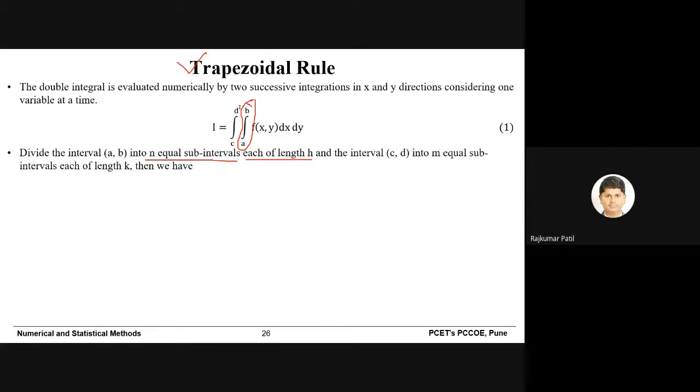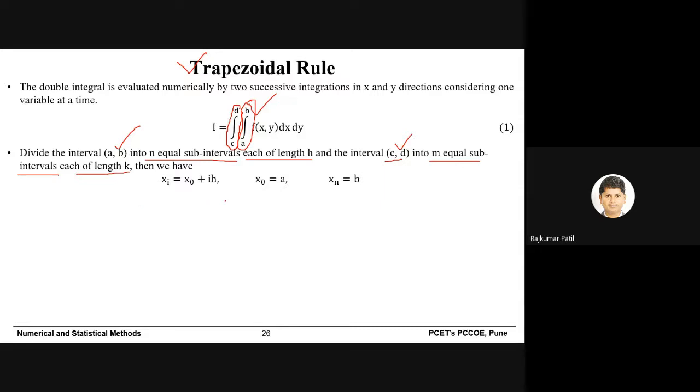Similarly, for the second integration, the interval is c to d, and that c to d we need to divide into m equal subintervals, each having length k. The width for interval a b and width for interval c d may be same or different. That depends on you how you solve the problem.